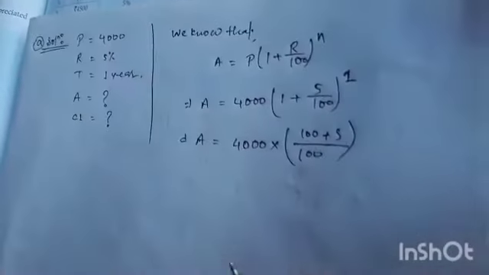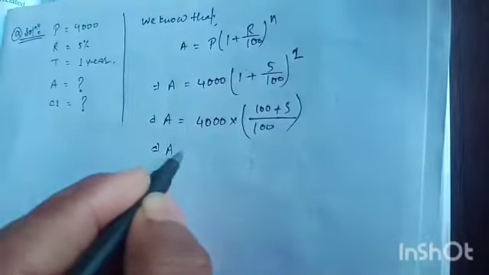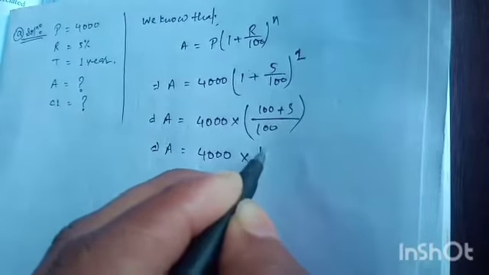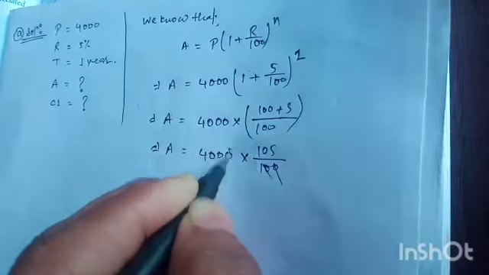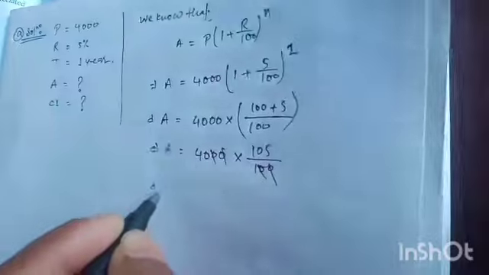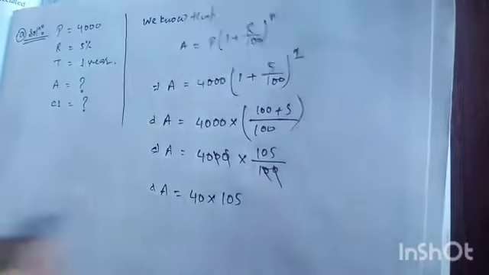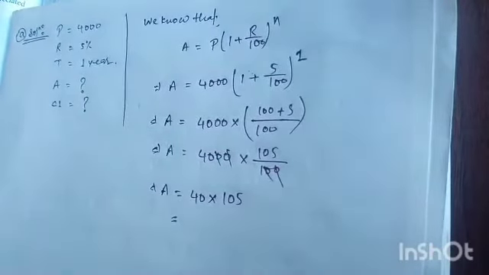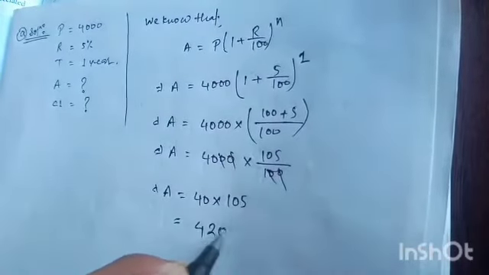Okay. So if you are going to solve this one, how much will you be getting? Implies amount is equal to what? 4,000 into 105 by 100. So 0 cancel, 0 cancel. That means the amount will be how much? Amount is equal to 40 into 105. Okay, if you are going to multiply it, then how much will you be getting? 4,200, right?